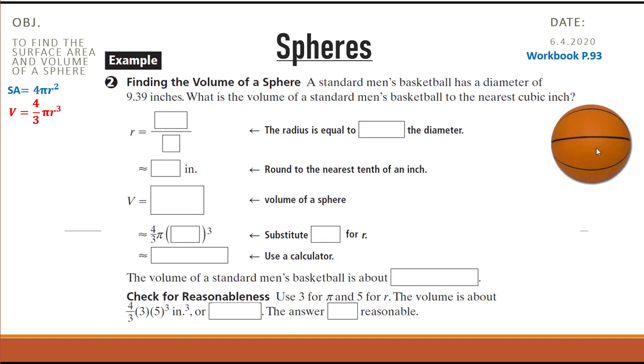So this is double the radius. So at first, find the radius. The first step, find the radius. Divide the diameter by 2, because the radius is half the diameter. And approximately this is about 4.7.